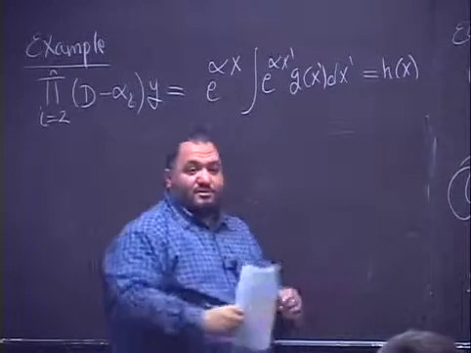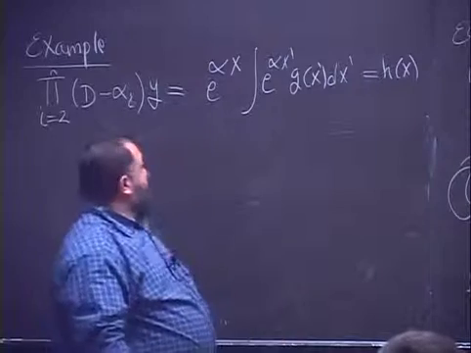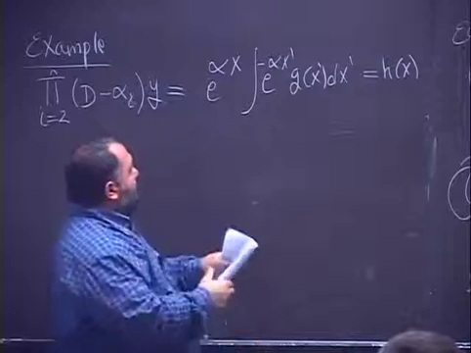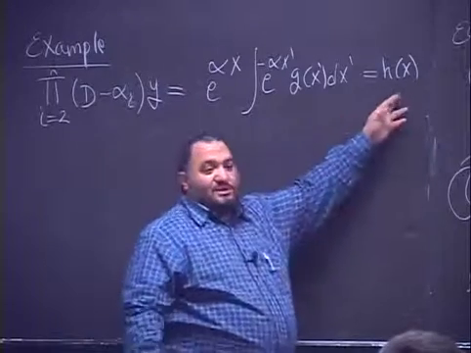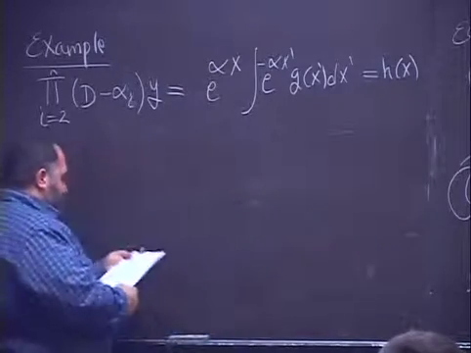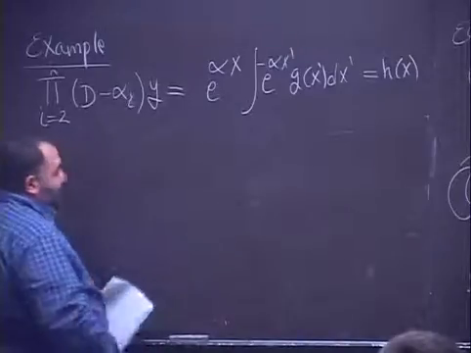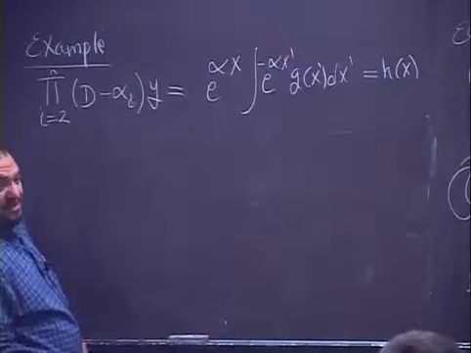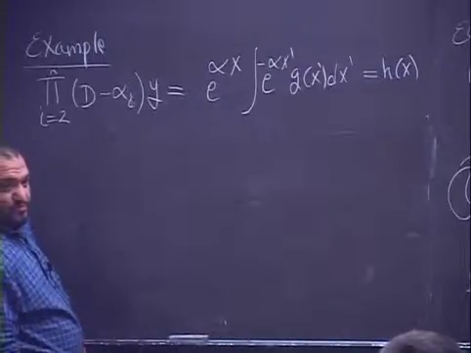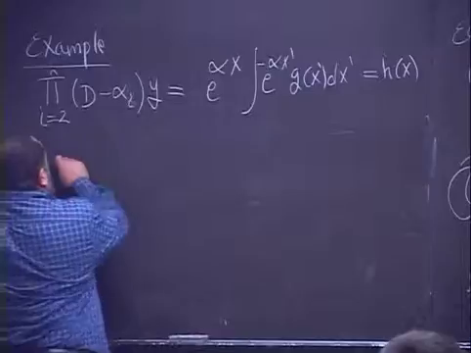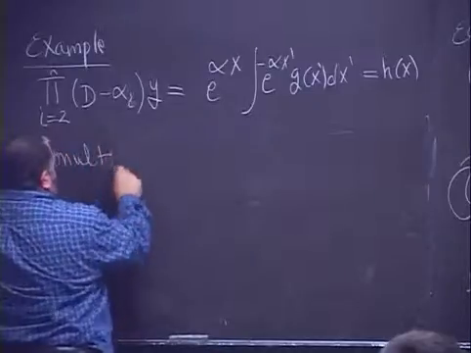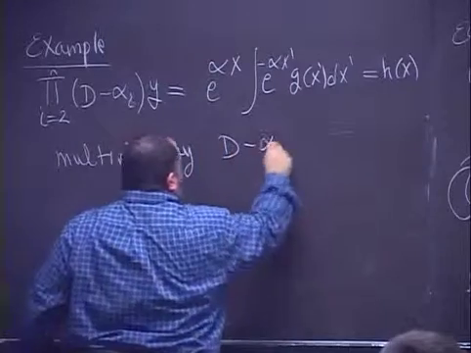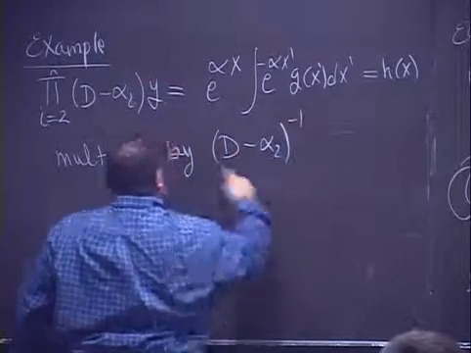Do you have a question? Is that negative e to the integral of e to the... Yeah, yeah. So I will call this equal to h of x. Now I want to get rid of the second root, which is D minus alpha 2. What should I do? You multiply by (D minus alpha 2) to the power of minus 1 here.